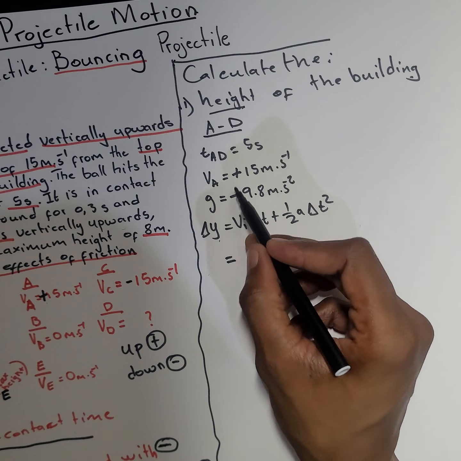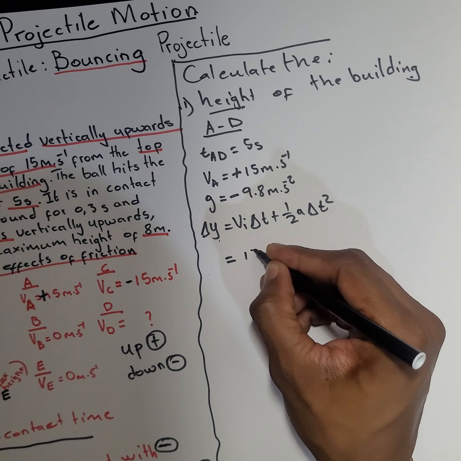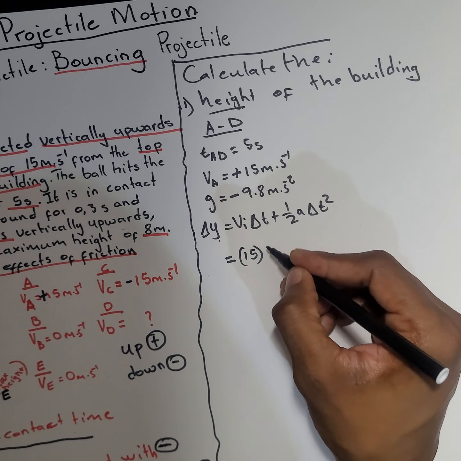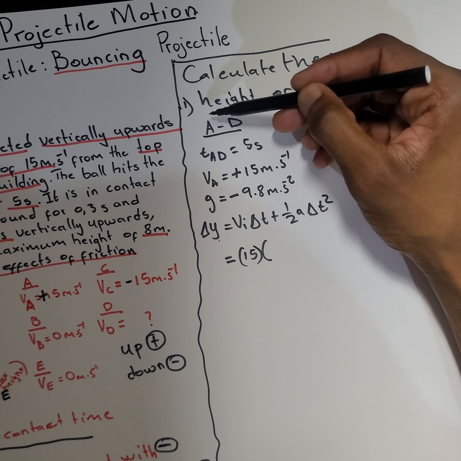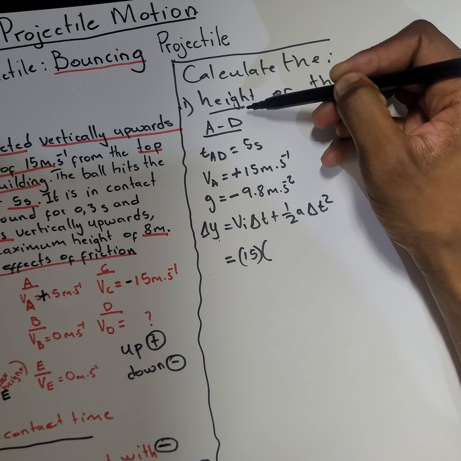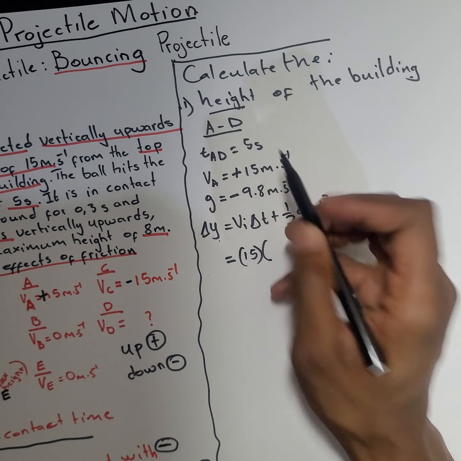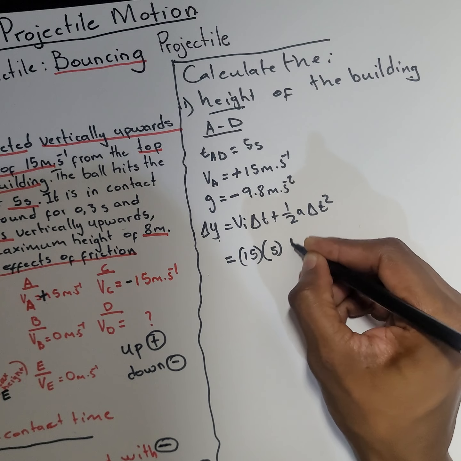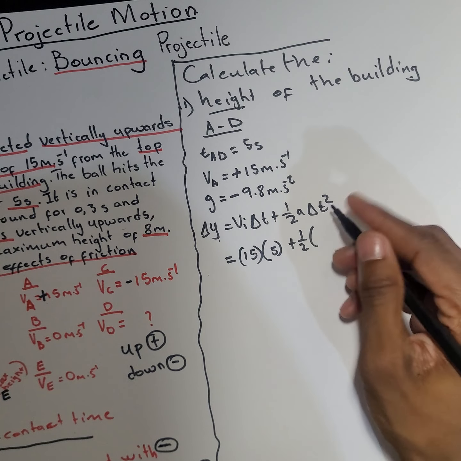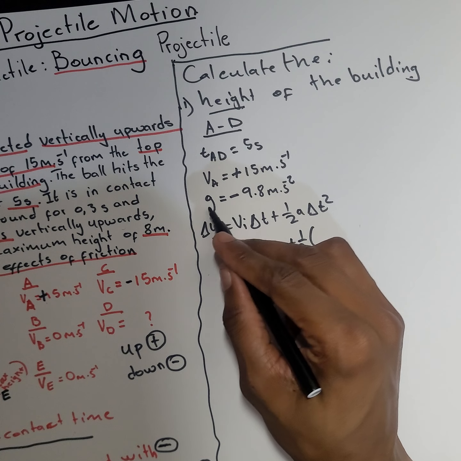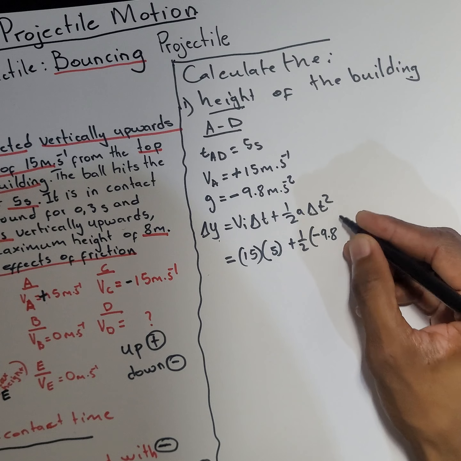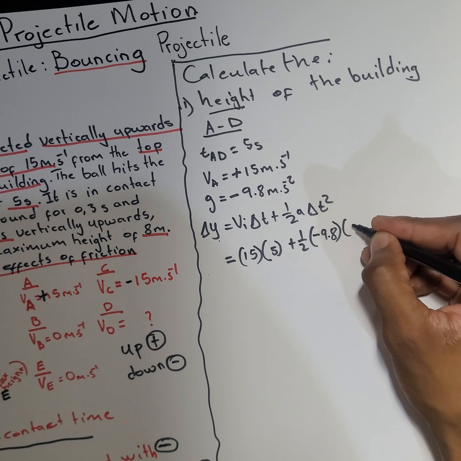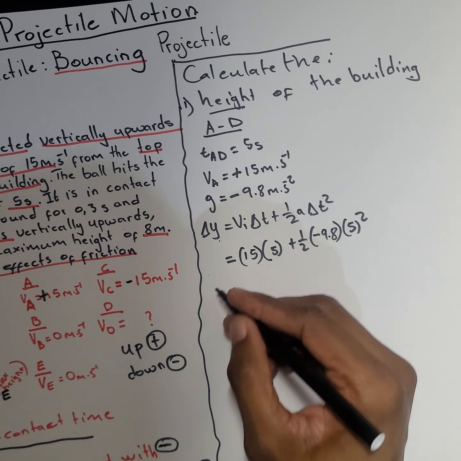My v initial, we said it is 50. And then my time, we said we are taking the motion from A to D, and the time from A to D is 5 seconds, plus half a, which is represented by g there, it must be negative 9,8, and then I will have now 5 squared.